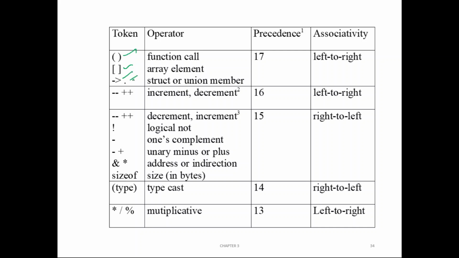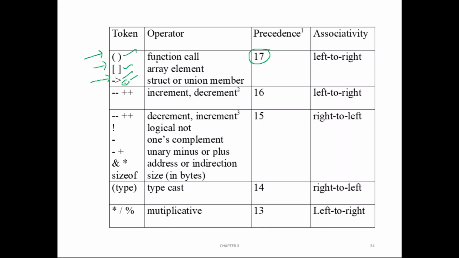Arrow and dot are used for accessing structure members. When you access a structure member using a normal structure variable, we use dot. When you access a structure member using a pointer variable, we use arrow. If any of these operators are in the expression, then that part will execute first, and that has the highest precedence. Its precedence level is 17.